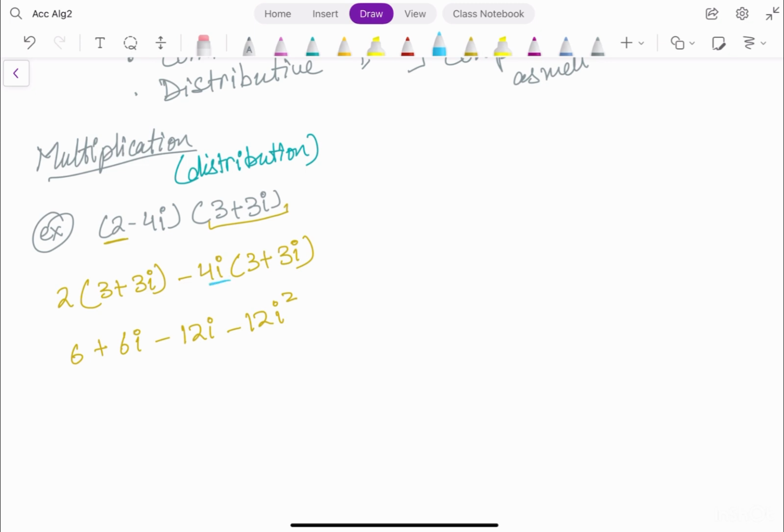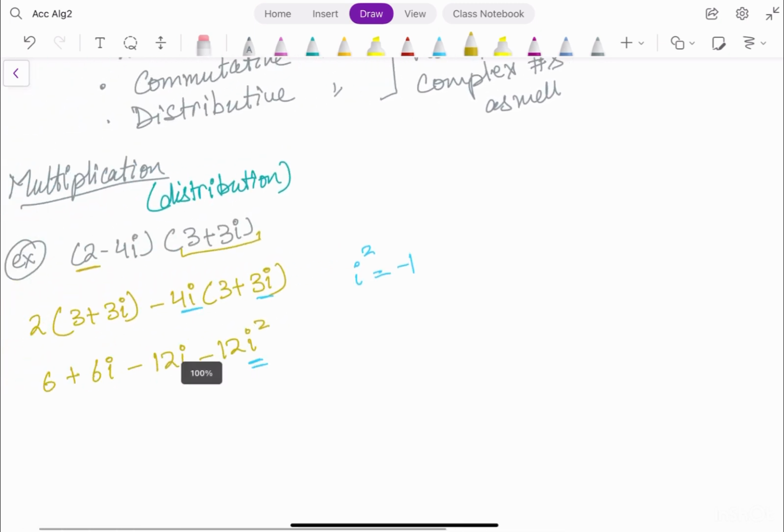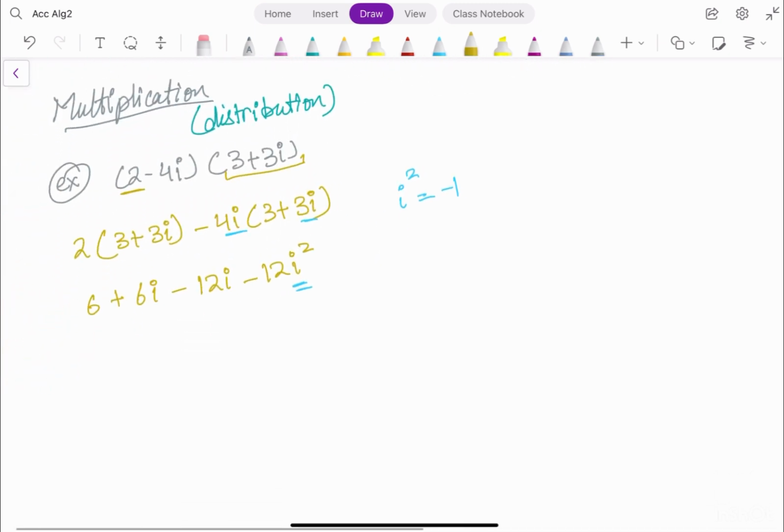The last term is negative 12i squared, because negative 4i times 3i. And what we have learned so far, i squared is nothing but negative 1. So I can replace i squared by negative 1, and I can combine 6i and 12i together.